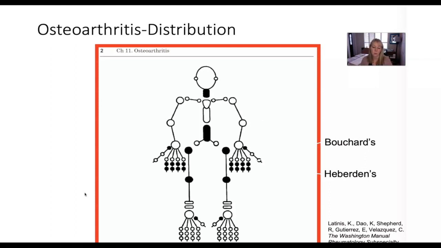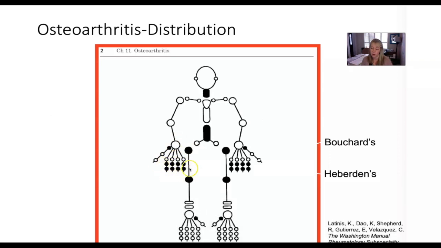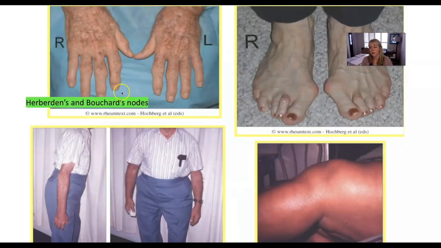As compared to rheumatoid arthritis, which will have it more in the wrists and these joints, osteoarthritis you will have more in the DIP and PIP joints, the distal and the proximal joints. Here are some examples, and these are called Heberden's and Bouchard's nodes.